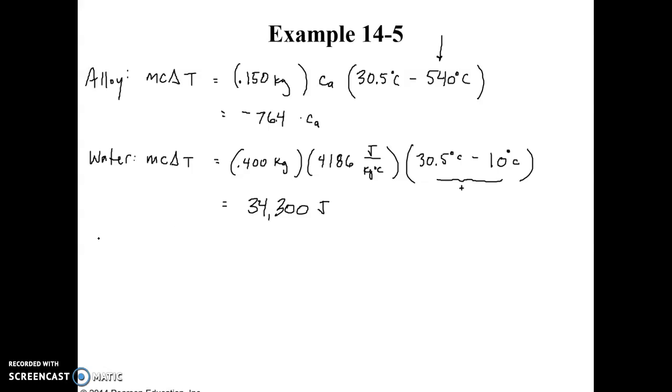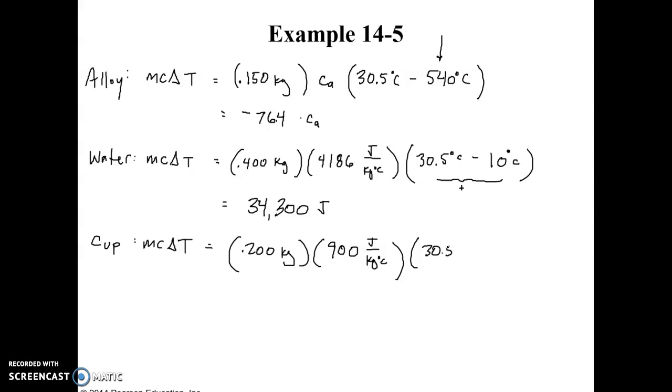And we also have the cup itself, the calorimeter cup that's made of aluminum. So we have its mc delta T. The mass of the cup when it's empty is 0.200 kilograms. If we look up the specific heat of aluminum, that's 900 joules per kilogram degrees Celsius. And it has the same change in temperature as the water. It ended at 30.5 degrees Celsius, and it started at 10 degrees Celsius, so it gained heat as well.